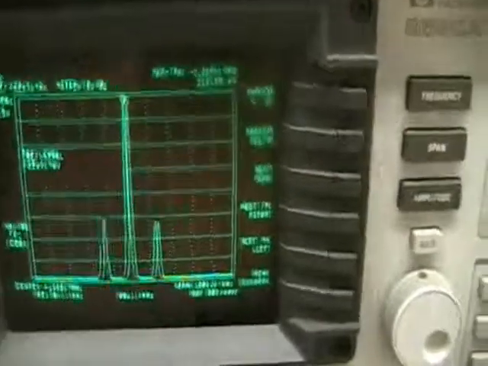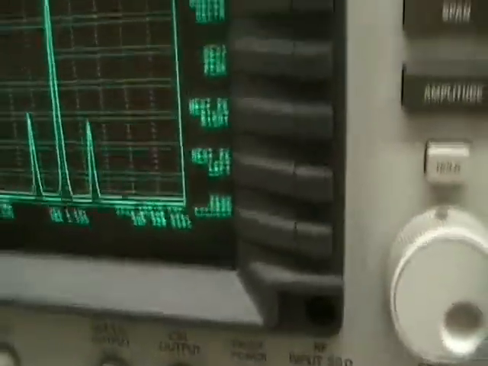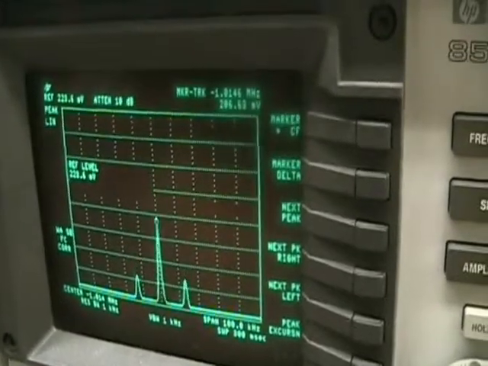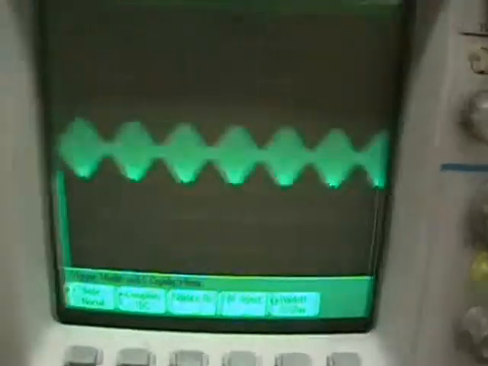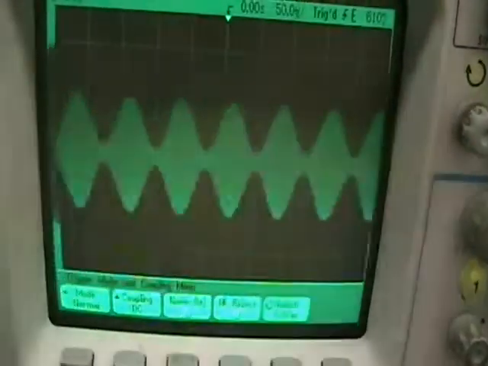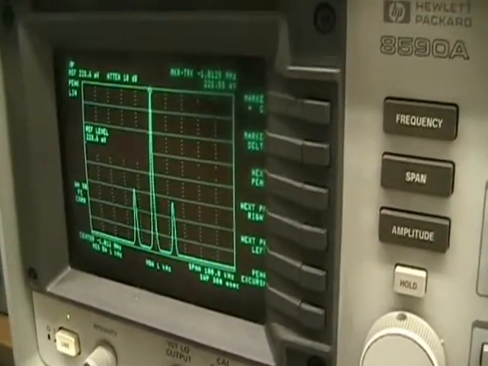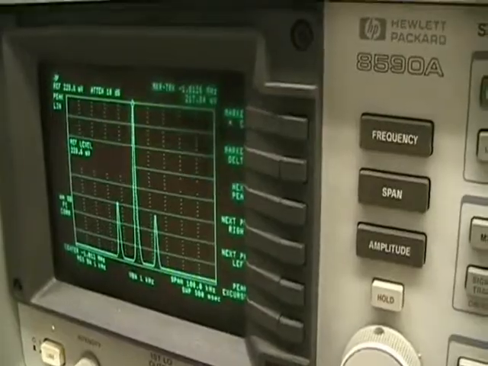If I change the carrier amplitude E sub C up and down, down goes the carrier, and the signal is smaller. Increasing the carrier increases all of the signals, E sub C and the sideband terms.